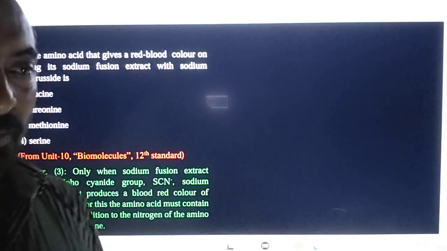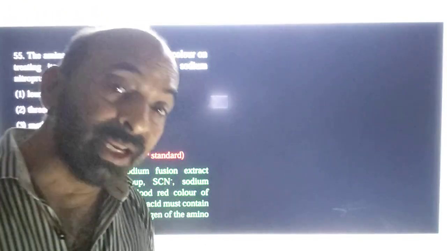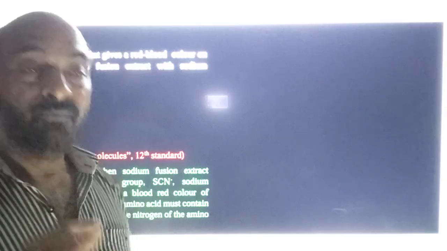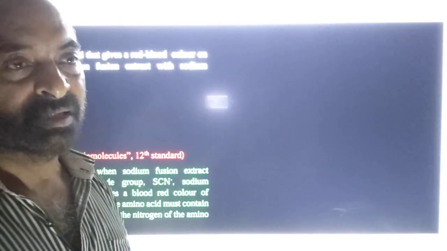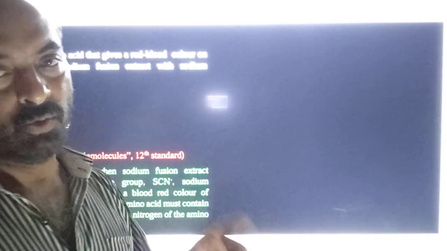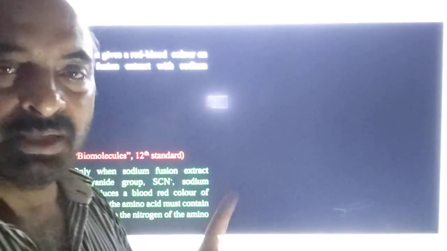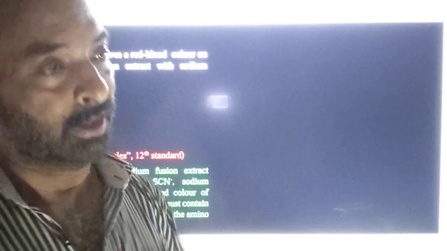If you take a moderate amount of sodium, thiocyanate ion will be formed, and when it comes in contact with the Fe3 plus ion, it will form the FeSCN 2 plus ion, a complex ion. That ion has a blood red color.